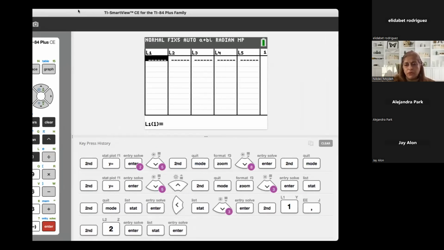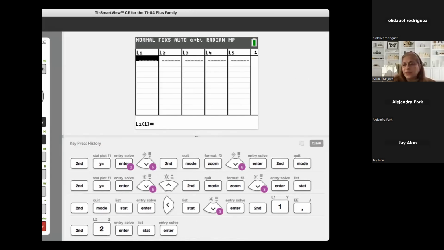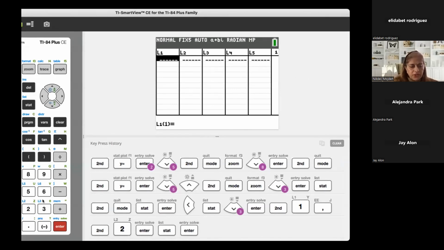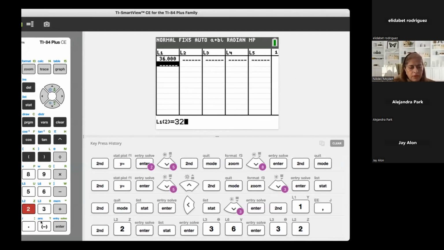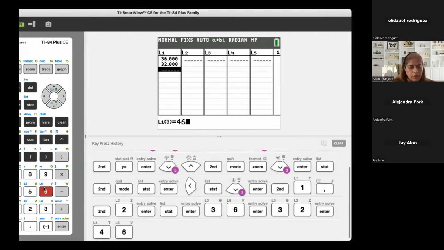I'm going to enter the length of thigh bones under list 1. Okay, let me see. Hold on a second. So I have 36, 32, 46, 29.